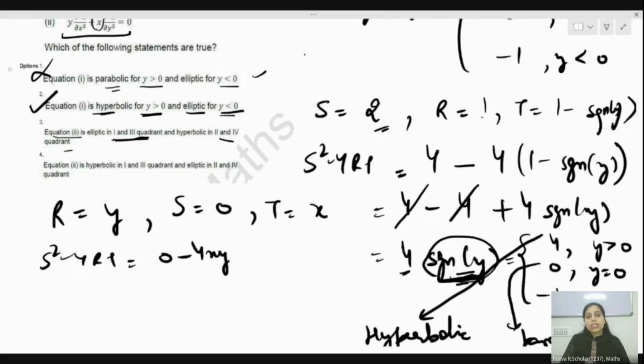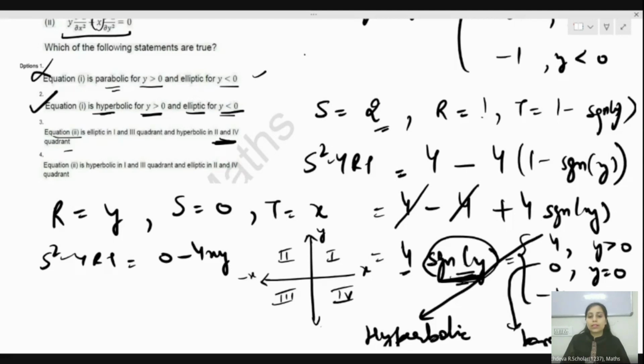And we are to discuss here the first and third quadrant, second and fourth quadrant. When we take the quadrants, this is first quadrant, second, third, fourth. We know that here x is positive, here x is negative, here y is positive, here y is negative. That means the first quadrant has both x and y positive, and the third quadrant has both negative.